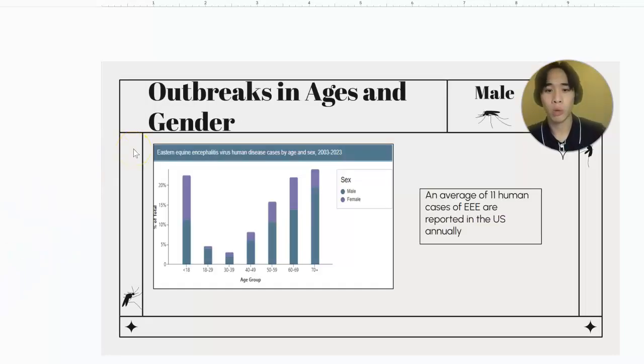Now moving on to outbreaks in ages and gender. Here in this table, from 2003 to 2023, we have ages from 18 to 70. So if you're less than 18, then you have a high chance of experiencing triple E because, well, you're not that mature and your body hasn't fully developed the capability of defending against any infectious agent, so they have a higher chance.